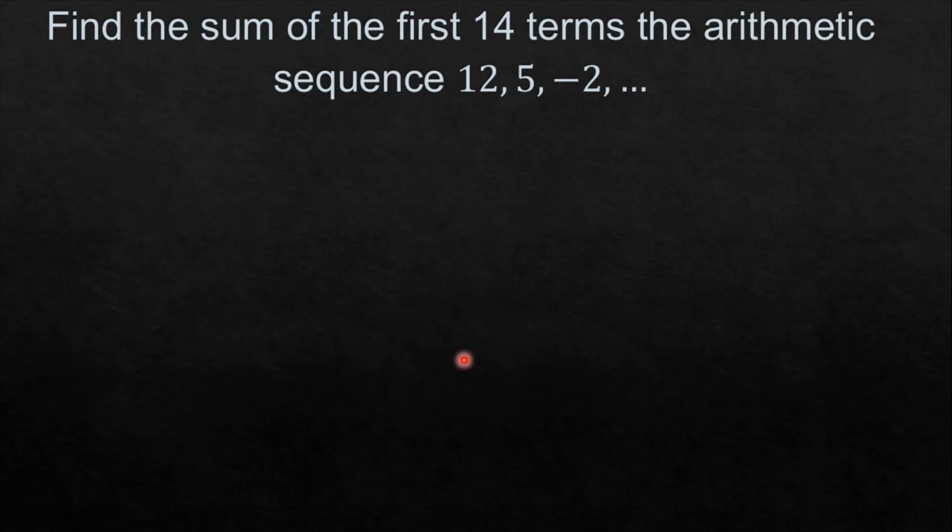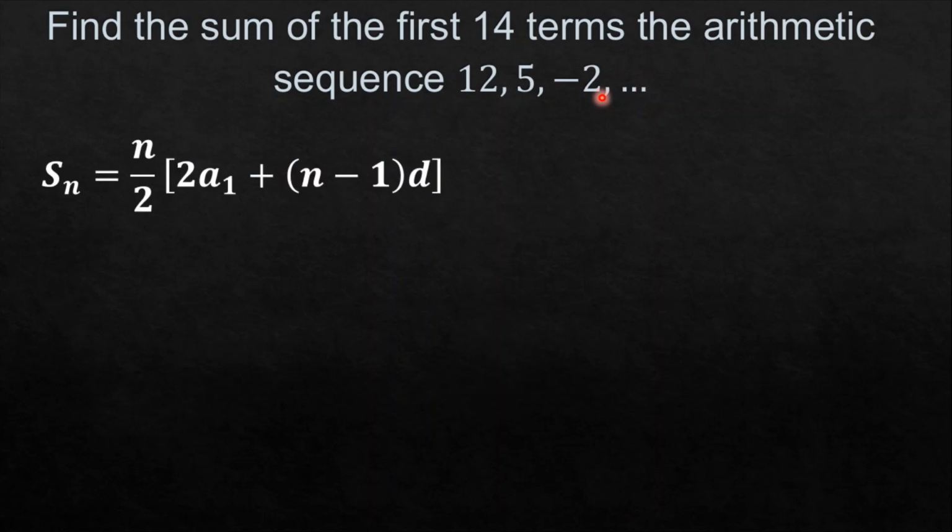Let's take a look at this problem. Find the sum of the first 14 terms of the arithmetic sequence 12, 5, negative 2, and so on. So, of the two formulas, ang gagamitin natin ay ang second formula, kasi hindi pa given ang last term.